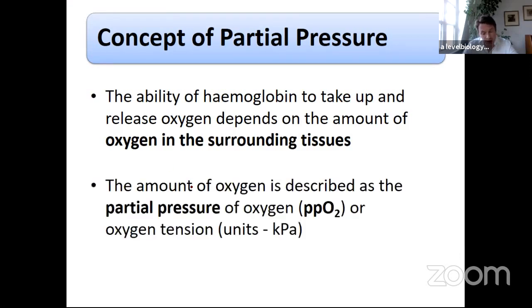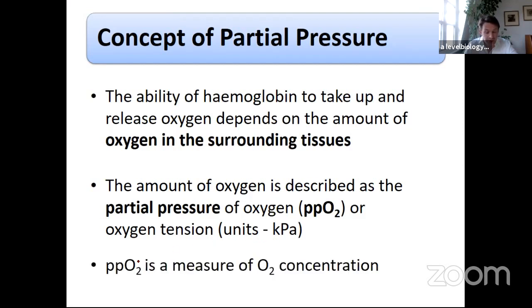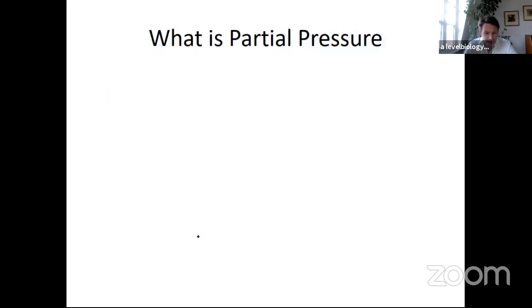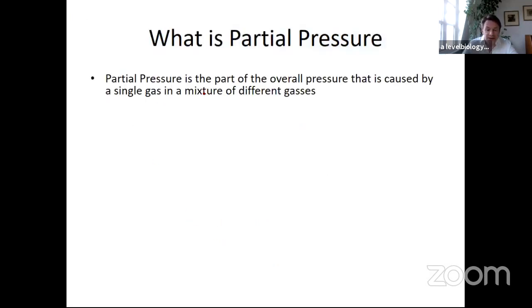The way we measure the amount of oxygen surrounding it is as the partial pressure, or ppO2. This is measured in units of pressure, kilopascals. So ppO2 is a measure of the concentration of oxygen. Partial pressure is the part of an overall pressure that's caused by one gas in a mixture of gases.